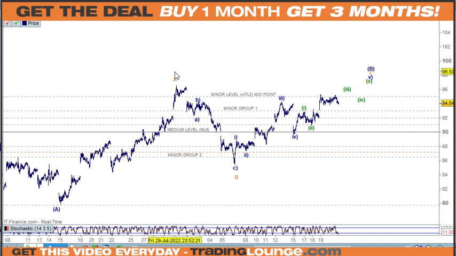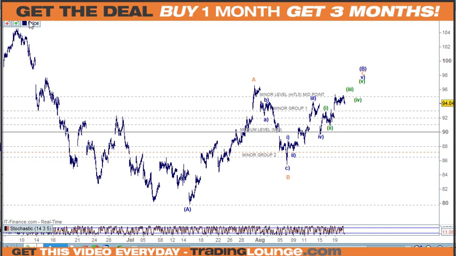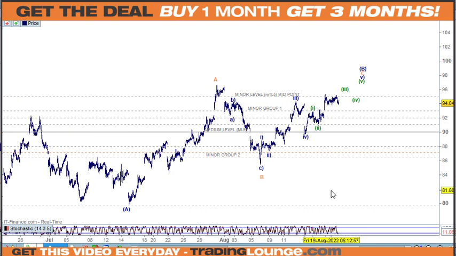I've got it as a wave A here. So we've got this down as the A wave here, then an A and a B and a C wave here. So the question we have to ask ourselves, is this wave 1 here with wave 2 here and going up into wave 3 here? That's the whole thing with this. And it's possible, but it's also possible counted the way I have it here as well.